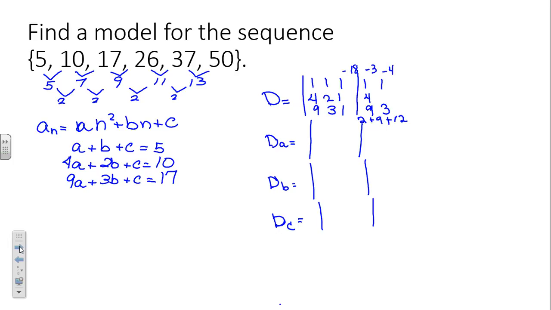Okay, so now we've got a negative, and then a 23. So my D is a negative 2. Okay, determinant is negative 2.